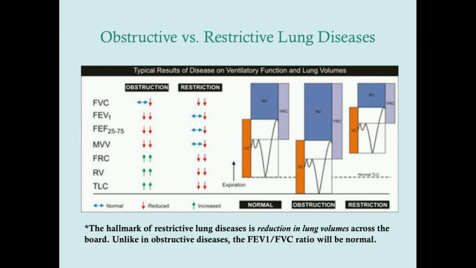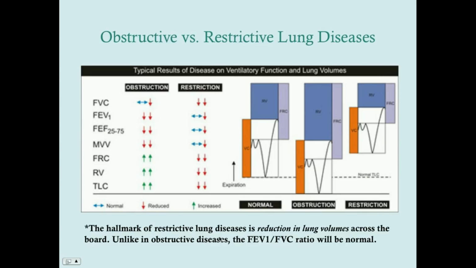The rate at which we can expire, or inspire for that matter, should not be significantly affected by restrictive lung diseases. So the hallmark of restrictive lung diseases is the reduction in lung volumes across the board. Unlike in obstructive diseases, the FEV1 to FVC ratio will be normal, if not a little bit elevated, whereas in obstructive diseases, it's low.